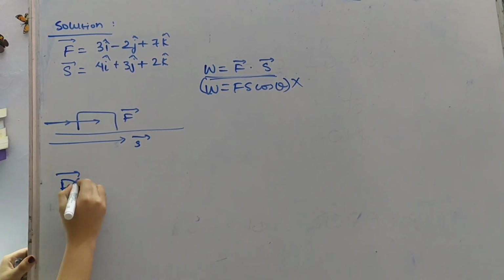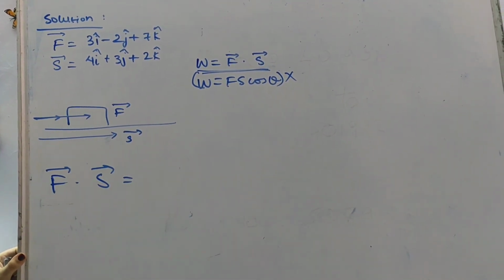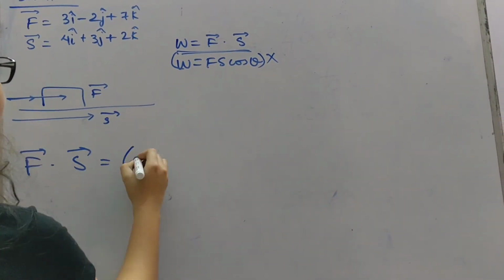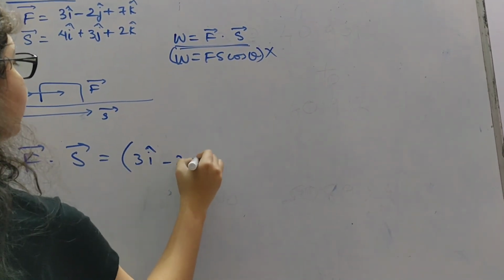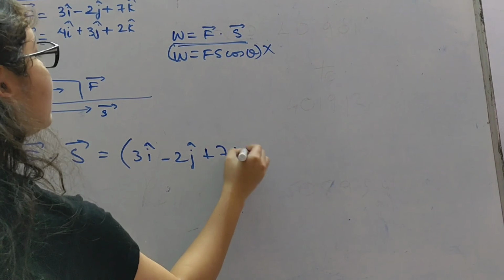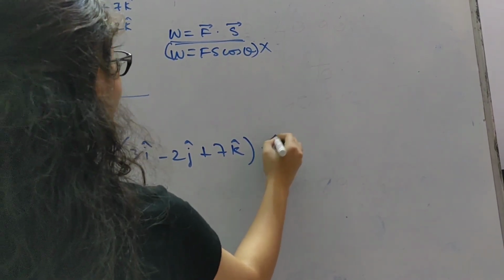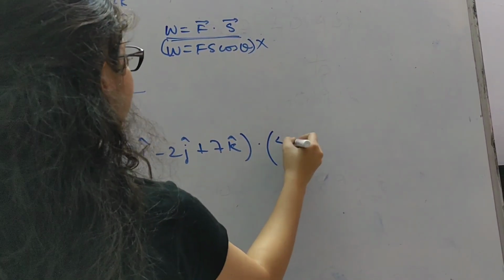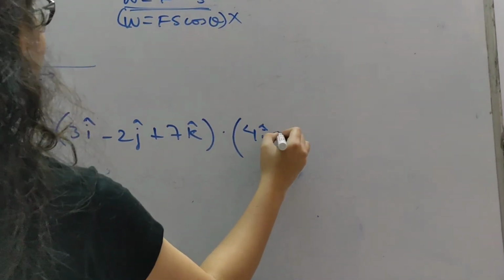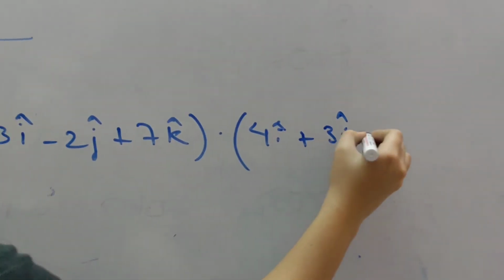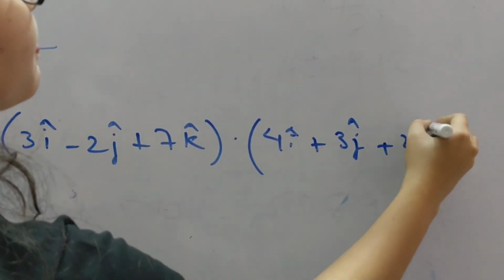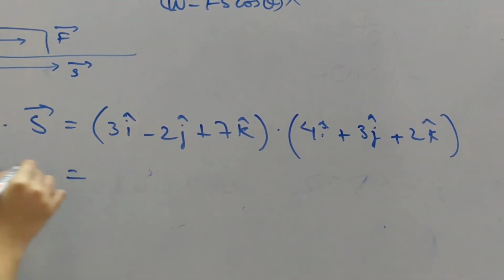So F vector dot S vector equals, let us write them down, 3i cap minus 2j cap plus 7k cap dot 4i cap plus 3j cap plus 2k cap. Now let us solve this.